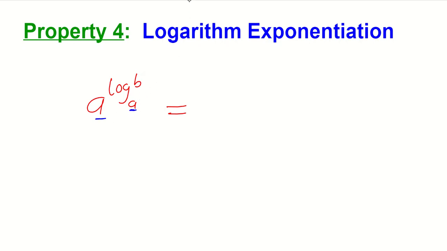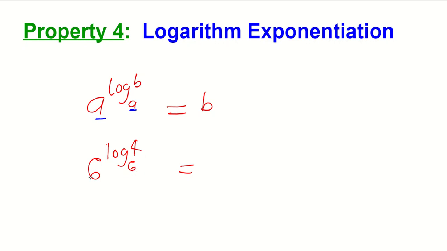So in this instance, our answer now is b. Now we can take an example for more understanding. If you have 6 to the exponent logarithm of the argument 4 to the base 6, we see that the base has a logarithm as the exponent, and the logarithm part also has 6 as the base.